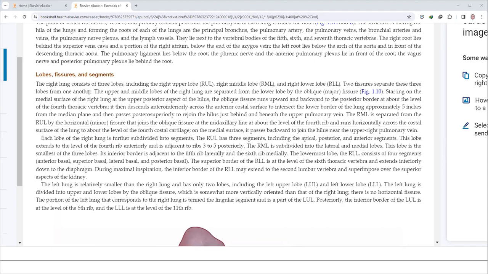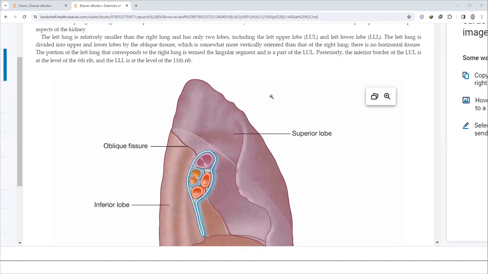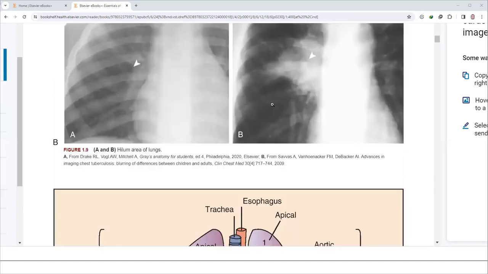The right lung consists of three lobes, as you know, including the right upper lobe, right middle lobe, and right lower lobe. Two fissures separate these three lobes from one another. The upper and middle lobes of the right lung are separated from the lower lobe by the oblique or the major fissure. Can we look at this picture together?